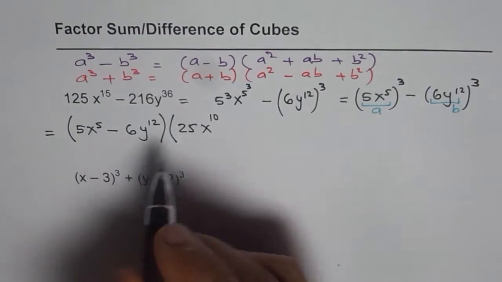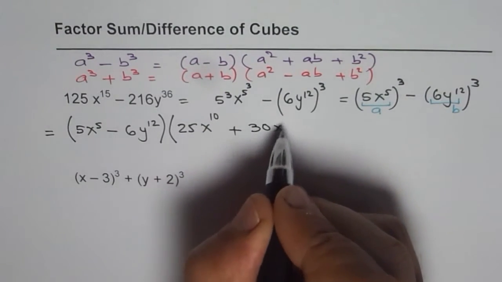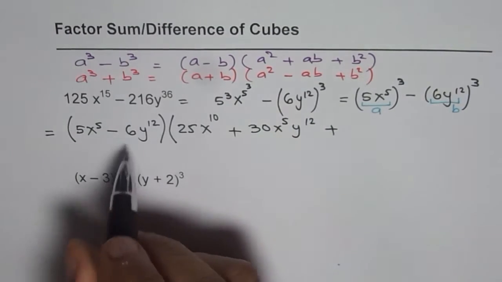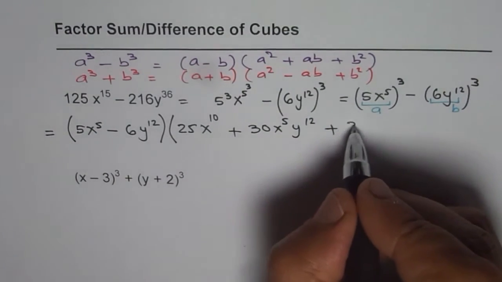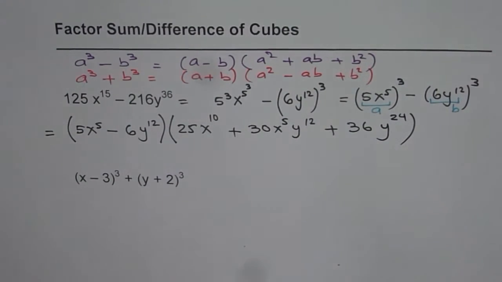Plus ab, just multiply them: 6 times 5 is 30, x to the power of 5, y squared, plus the square of the second term, which is 36y to the power of 4. So that is how you can factor such a difference of cubes or sum of cubes, correct?